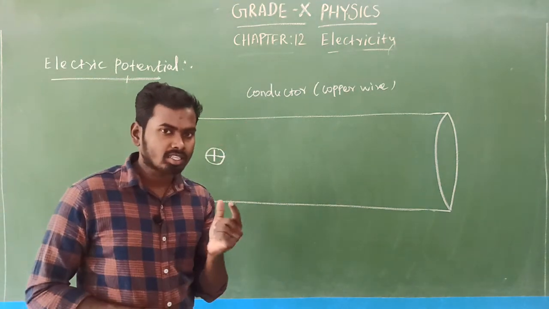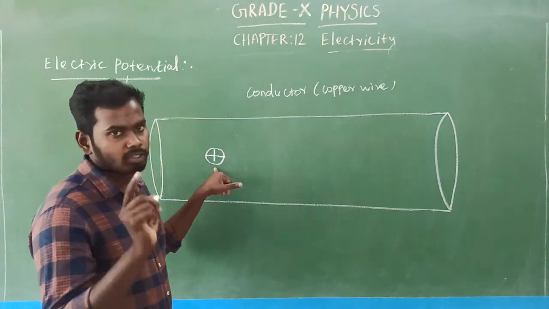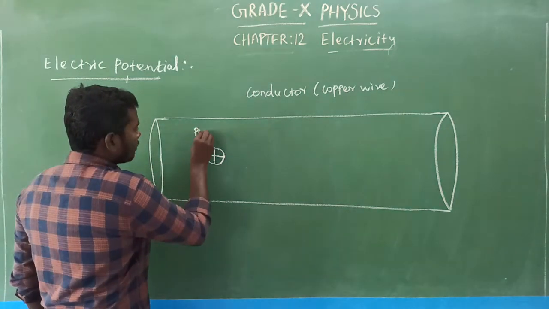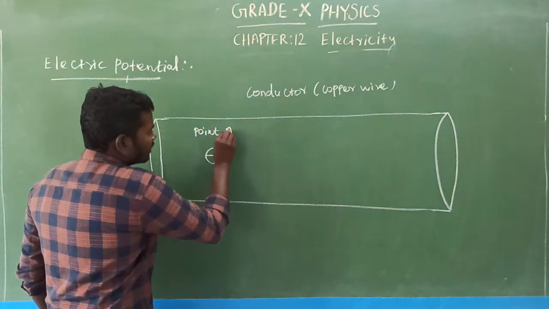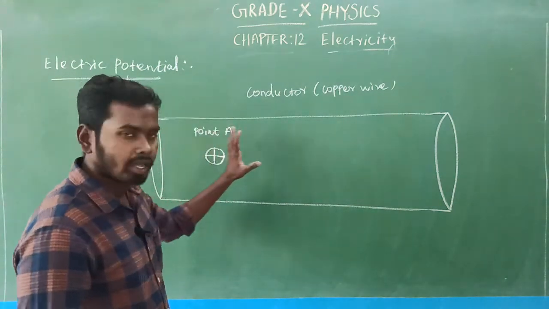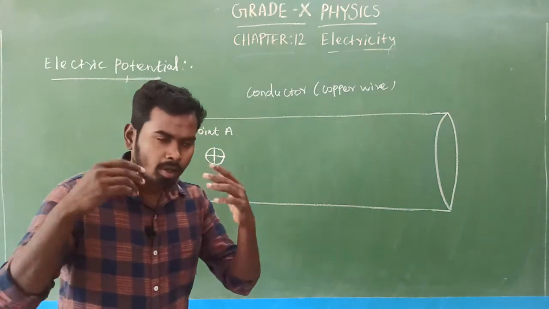But you just consider a single positive charge placed at point A. Is it clear? Very simple. Consider the conductor, copper wire. So many free electrons will be there, and positive and negative charges will be there.